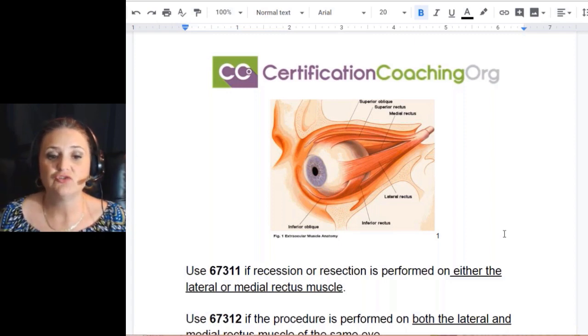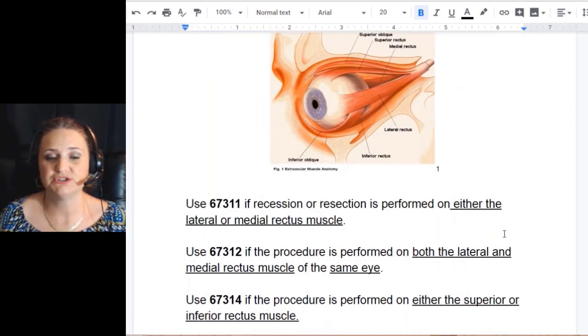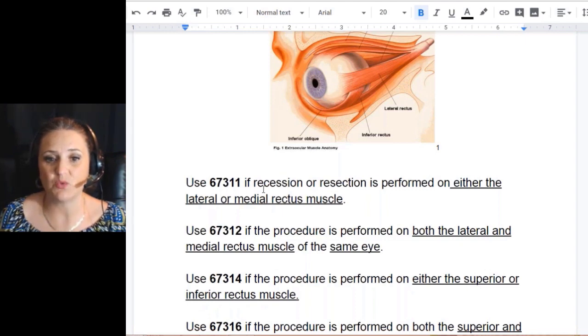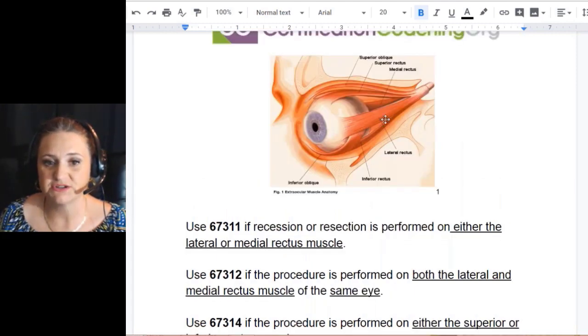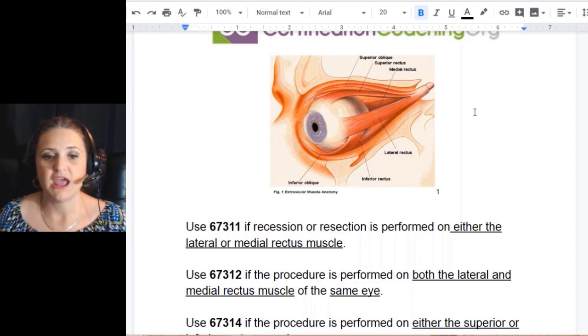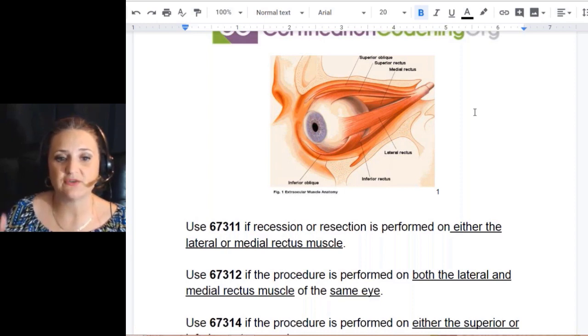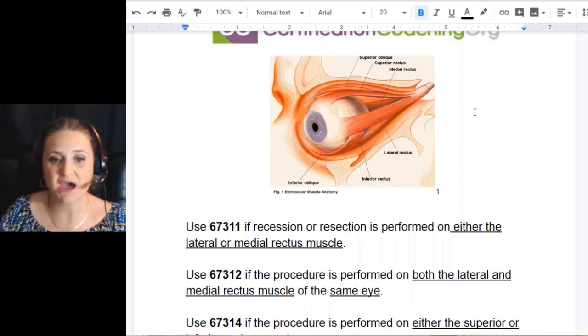If you're going to use code 67311, you're doing a recession or resection, and it's either the lateral or the medial rectus muscle. Here's the lateral, and the medial is right here, if you can see down in behind there. Then 67312 is where you do both the lateral and the medial rectus muscle of the same eye.